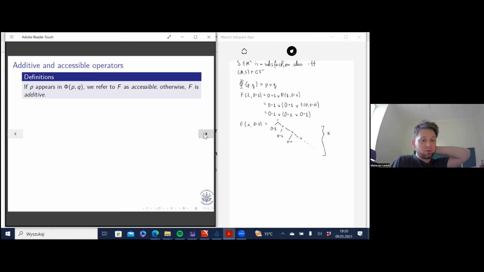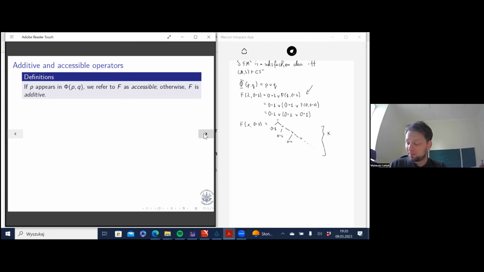Right. So now one of the crucial definitions. If P appears syntactically in phi of PQ, we refer to F with template phi as accessible. So in particular, this F defined from phi in this way is an accessible operator.